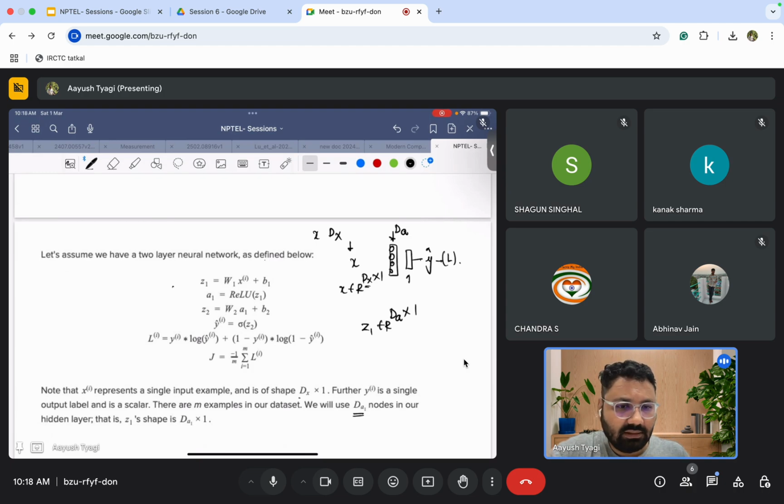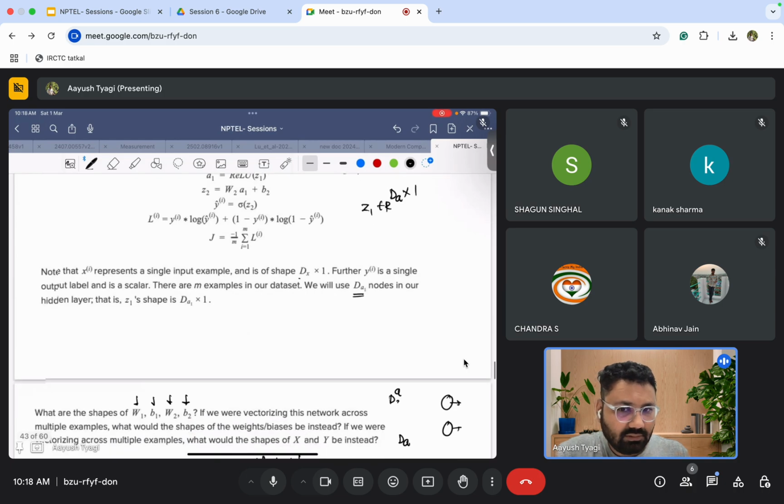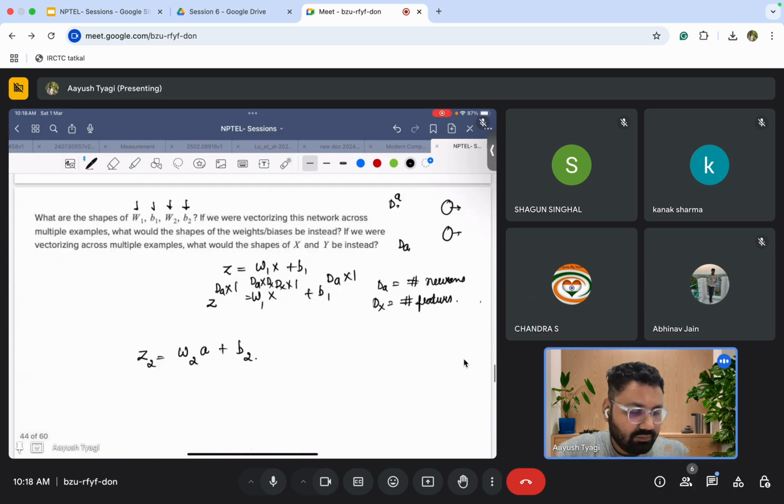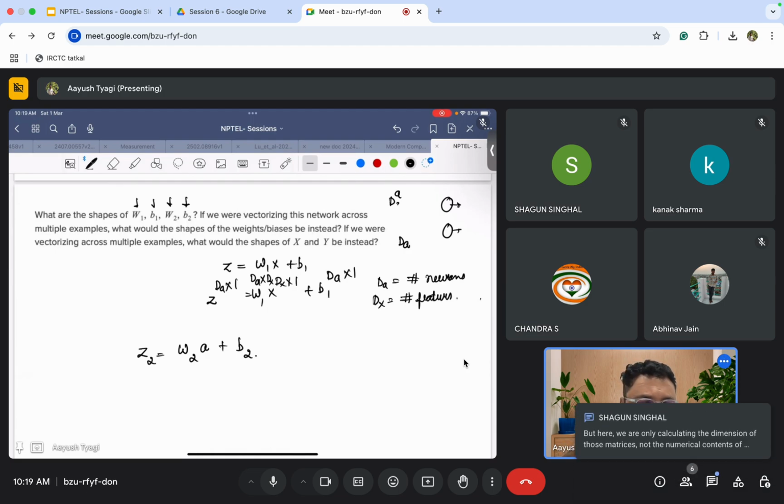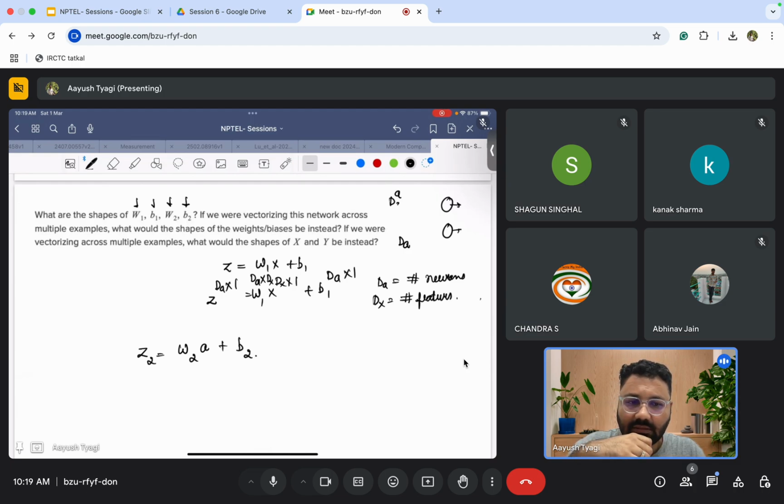These are matrices, and these matrices will have numerical values. But overall, whenever we are creating a computational graph, you have to define what the matrices should be and how you initialize them. So you need to understand the dimensions first, right? I hope it is clear, Abhinav.